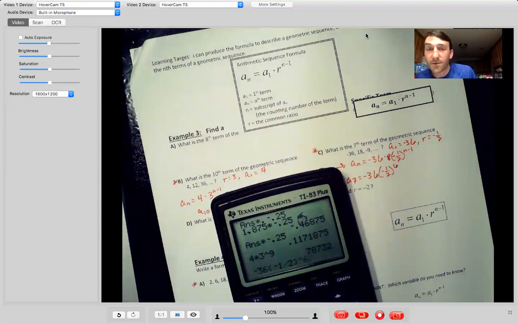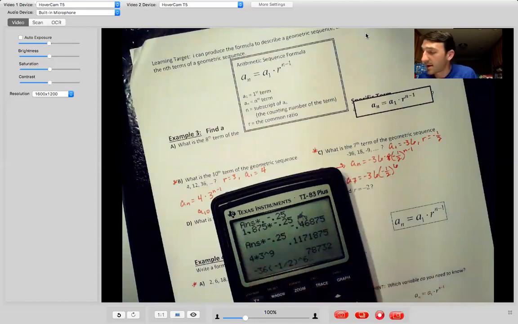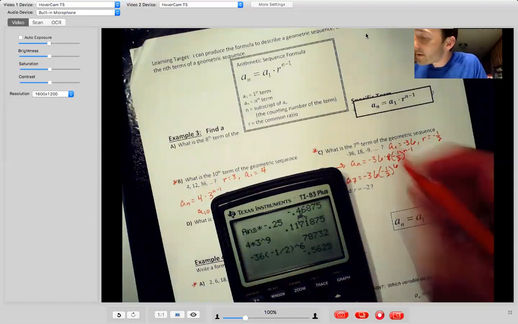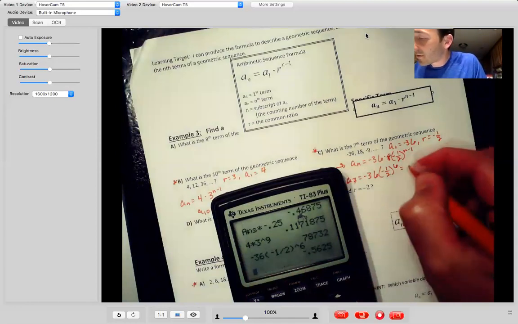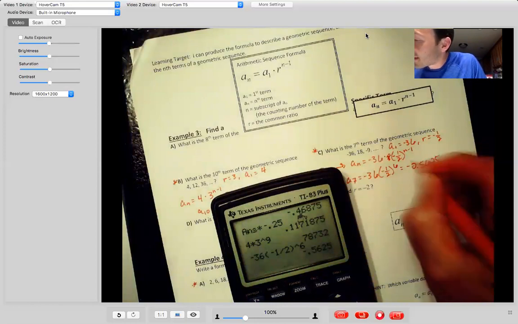Before I punch that in, is my answer going to be positive or negative? Can you tell? It's going to be negative because that's going to be positive, and then I take that times a negative. Anyways, it's negative 0.5625. And just pay attention, like I said, to rounding directions on MathXL and stuff.